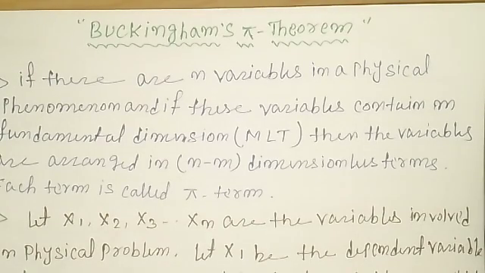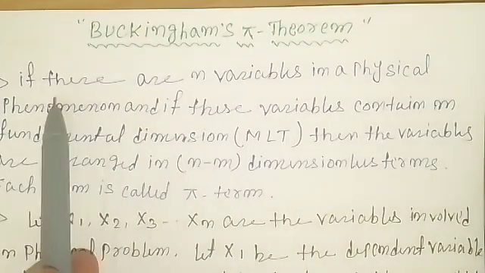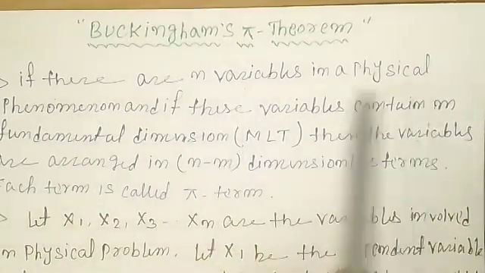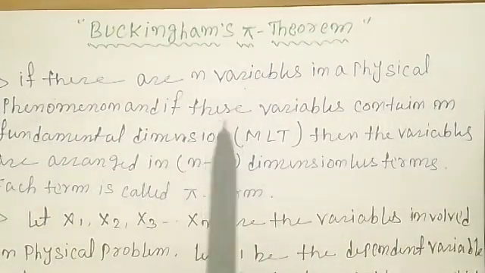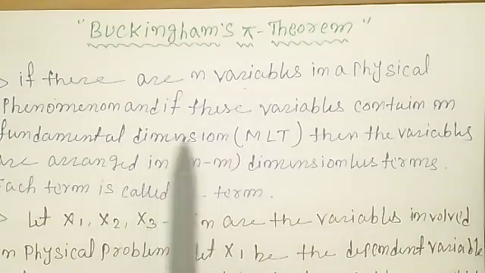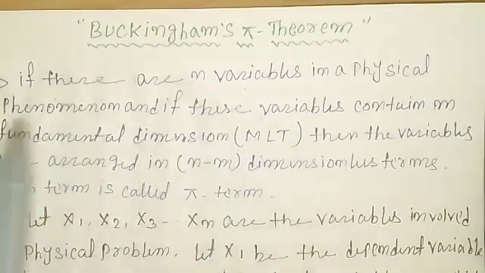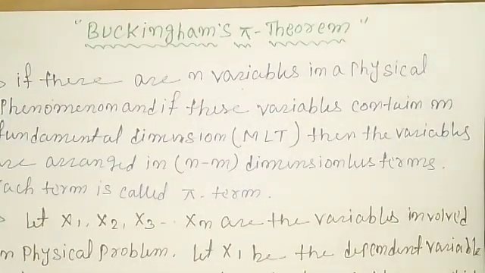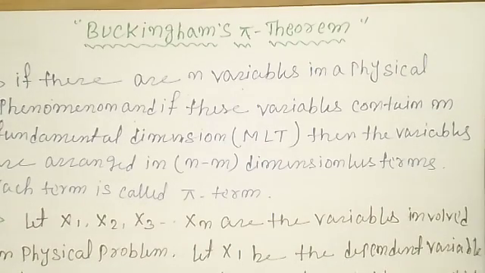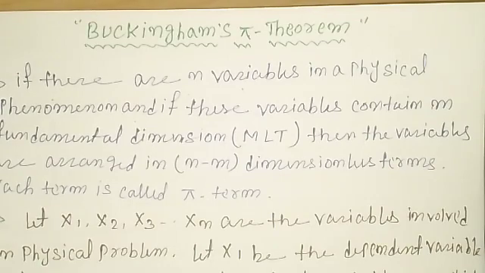Here, the Buckingham pi theorem means: if there are n variables in a physical phenomenon, and if these variables contain m fundamental dimensions, that is MLT. As you remember, there are other fundamental dimensions, but we are not dealing with heat transfer problems here, where you must consider the temperature.